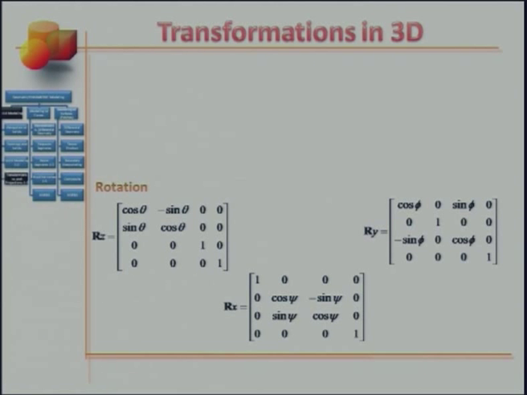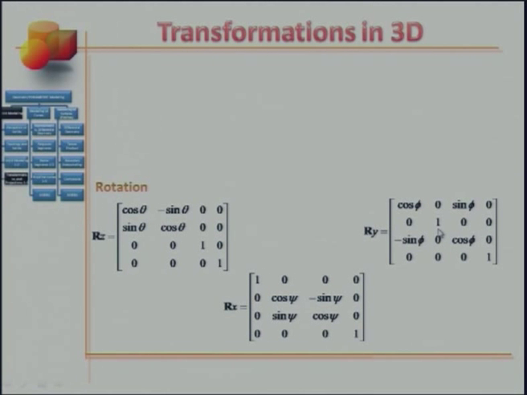Let's try the same for a case when I'm trying to rotate an object about the y-axis. You already have the result in front of you. The entry corresponding to the second row and second column will be 1, and then I have to maintain the cyclic order.